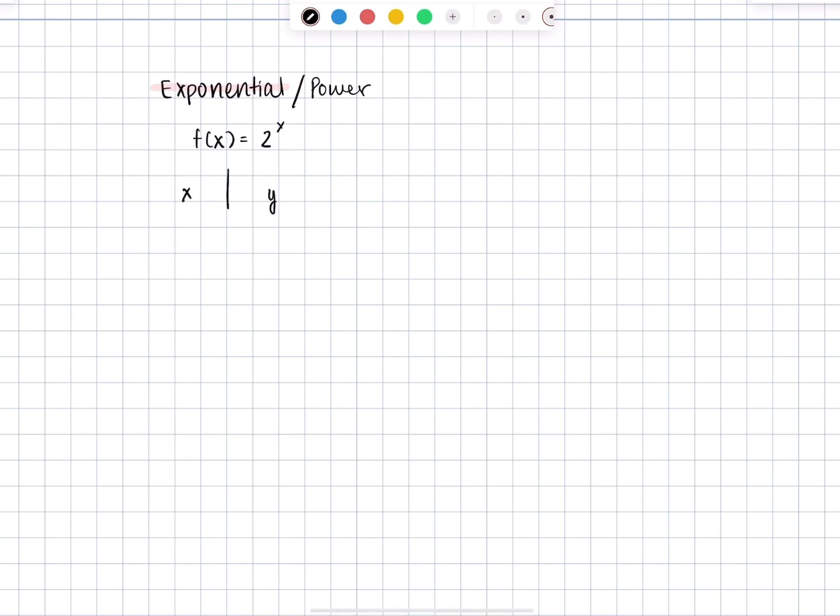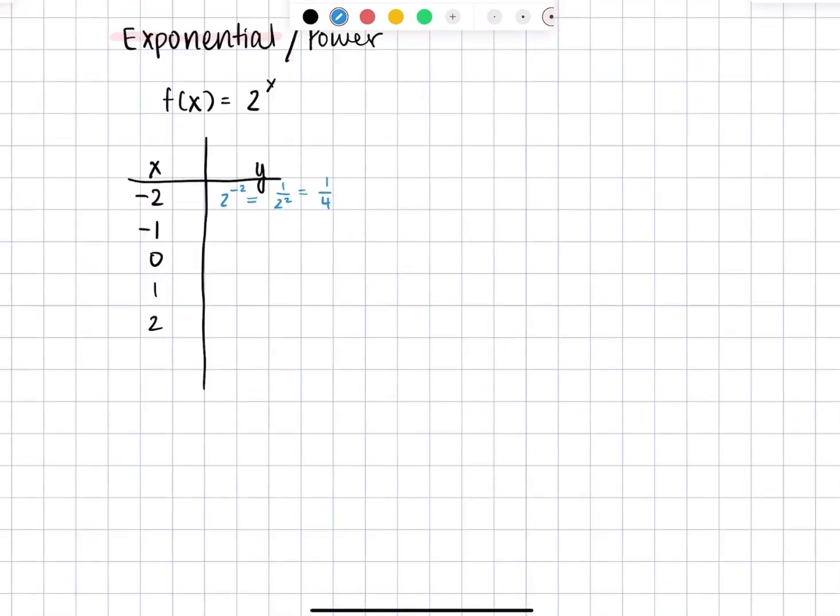So in our table here, let's pick some easy values. So that would be -2, -1, 0, 1, and 2. So 2 raised to the power of -2. The negative comes out to 1 over 2 squared, and that gives us 1 over 4.